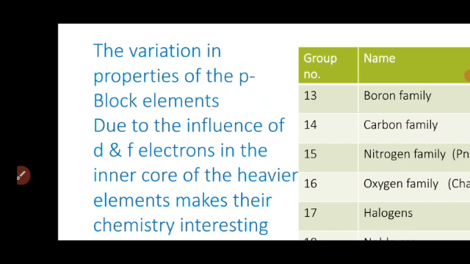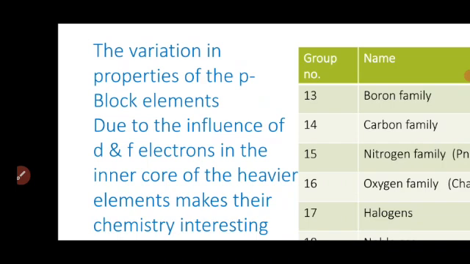Means what? See, these p block elements, they are showing variety in their properties. They are not similar. Usually we say the properties of the elements in one particular group are very similar, right? But here this sentence is not true. They are showing very different properties in each group. And why is it? It is due to d and f electrons which are present in heavier elements.